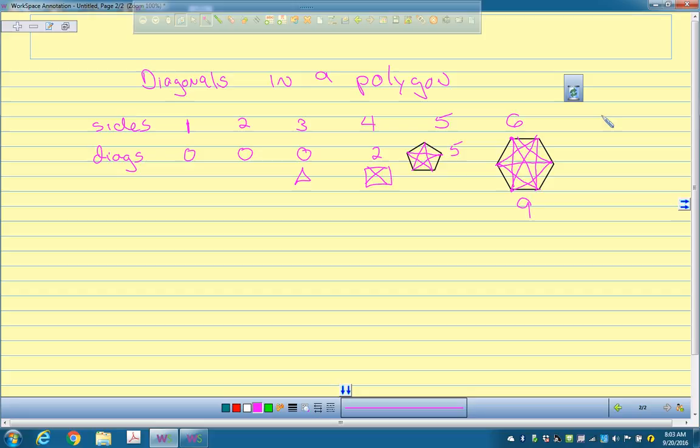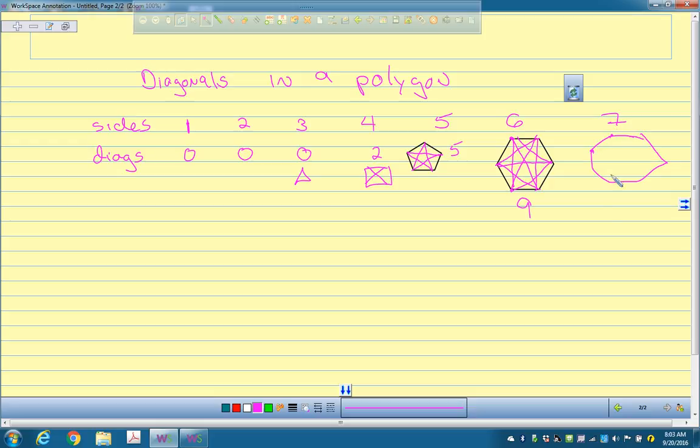So if I have 7 sides, I'm going to draw it. 1, 2, 3, that's a heptagon, by the way. 4, 5, 6, 7. 7 sides. There's a heptagon.